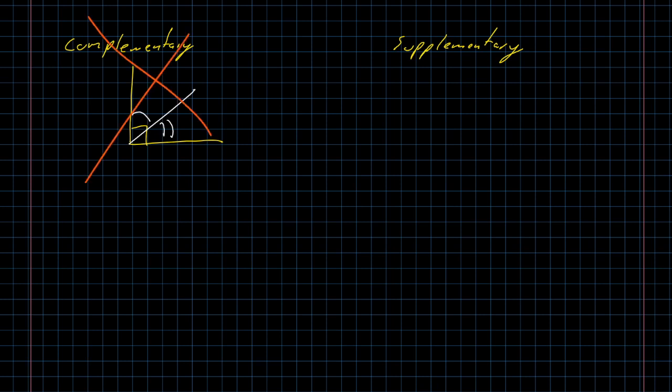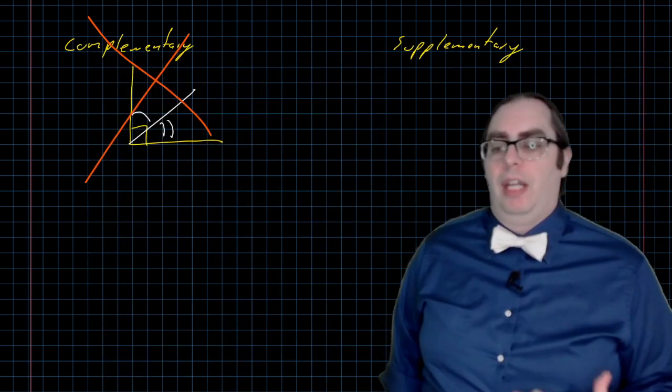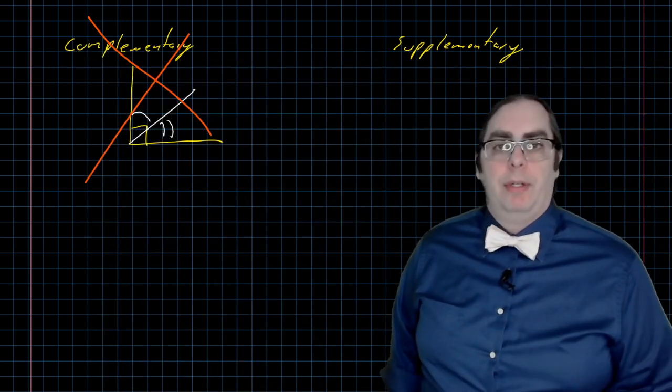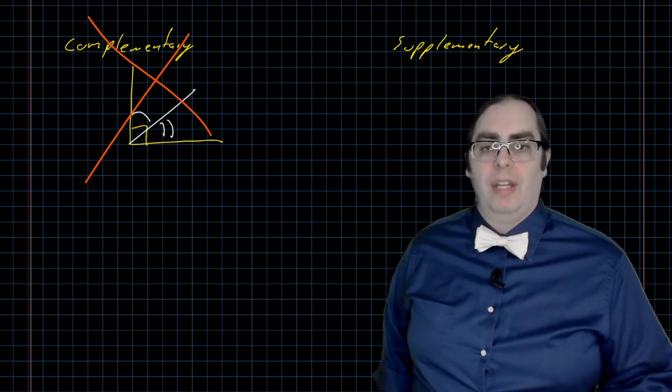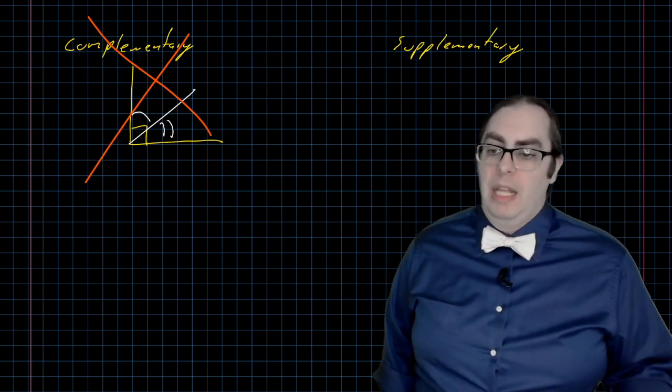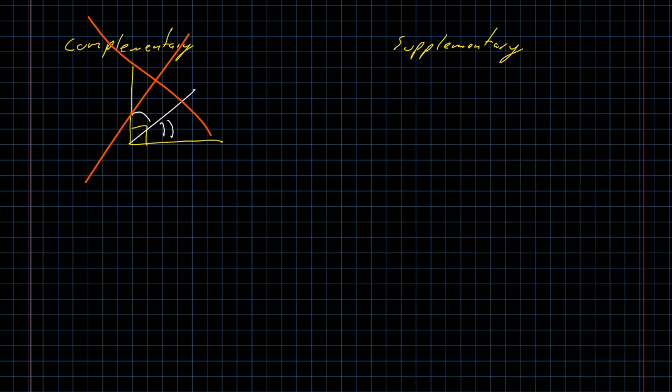I am not going to mention complementary angles again this semester, but for anyone who is moving onward to study anything further in mathematics, you're probably going to get to trigonometry in the near future, and complementary angles become very important at that level. The other one here, supplementary, these are going to be important to us in this course.